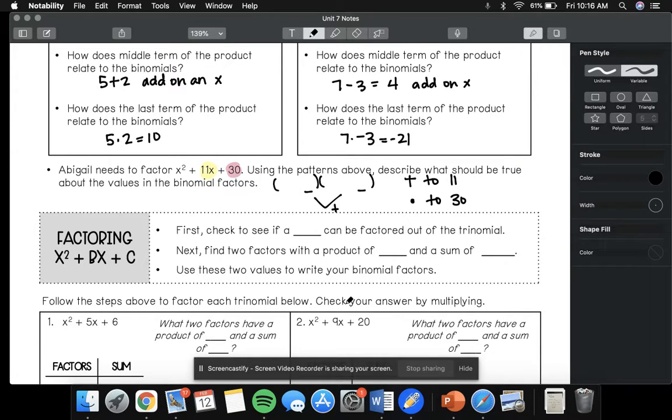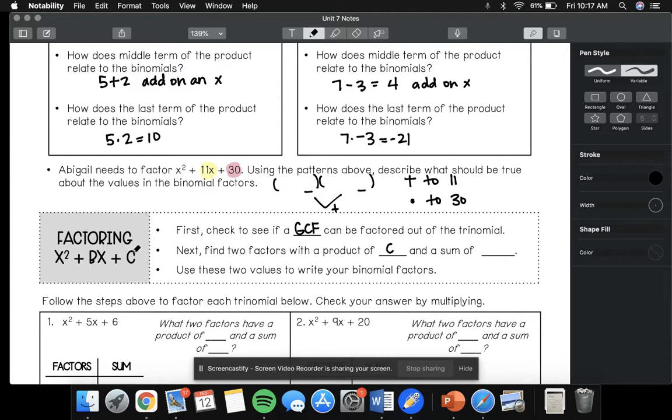So we are actually going to start factoring this. The steps to factor a trinomial like x squared plus bx plus c: first we're going to check to see if there is a GCF, because if there's a GCF, we might as well factor that out. Next, find two factors with a product of c.